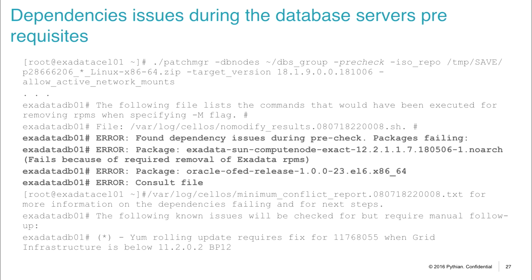Normally, when you run the Patch Manager pre-checks, this is a little bit of the information that you'll find: if you have updated it outside of Patch Manager, or any dependencies that it currently has, and that it goes and impacts your Exadata.